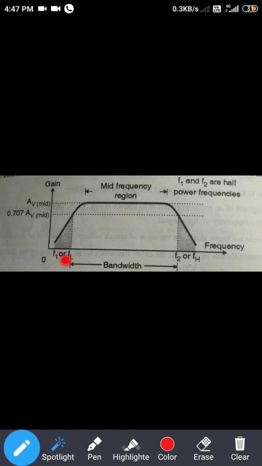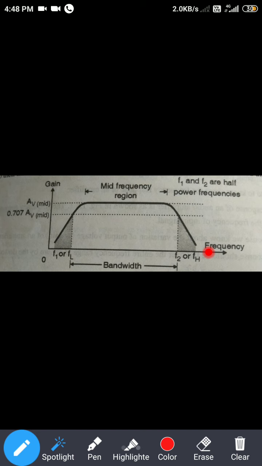While in the mid frequency region, the gain remains almost constant, and in the high frequency region, the output voltage or the gain will decrease due to internal stray capacitance. For this portion, the decrease in the gain is caused by internal capacitance and the stray capacitance.